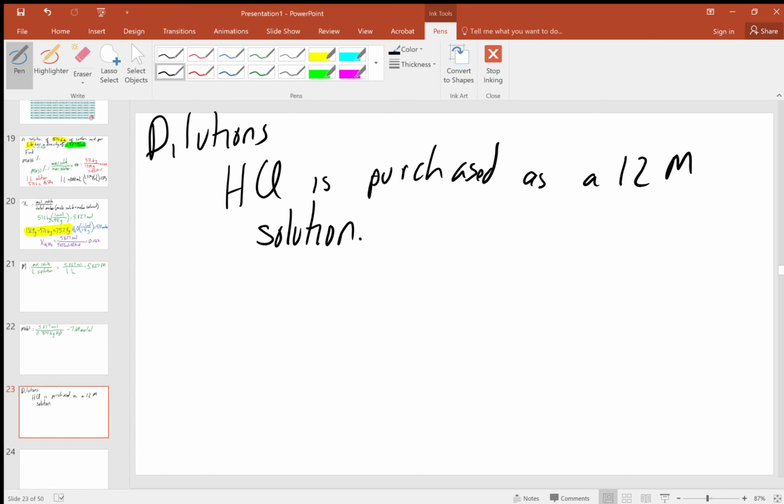But we often need to use it in much lower concentrations. So how can we calculate what we would need for, say, a 1 molar solution? So let's say we wanted to make 1 liter of a 1 molar solution. How much of the 12 molar solution do we need?